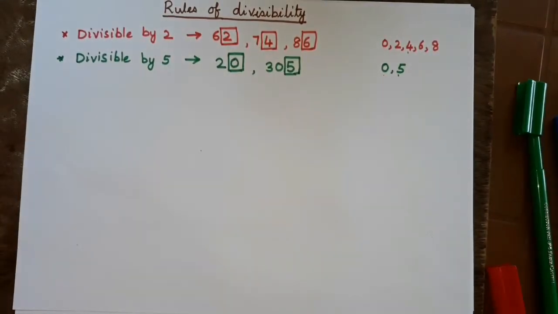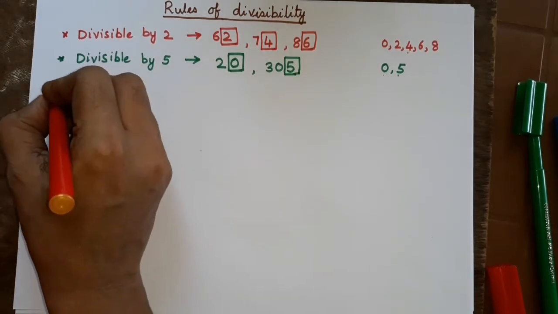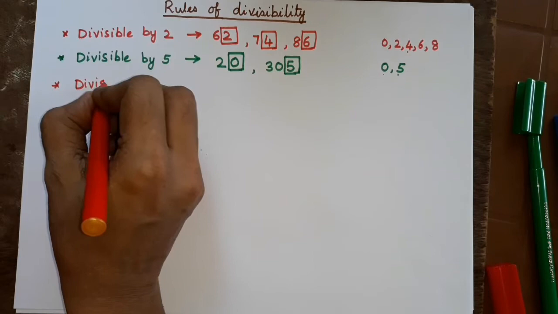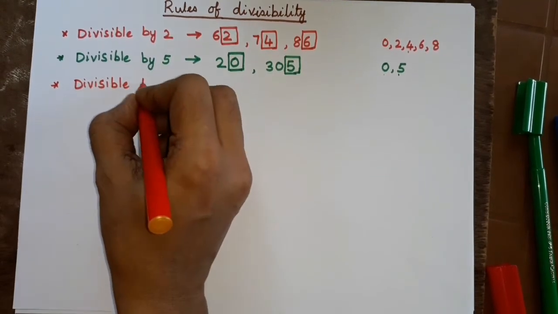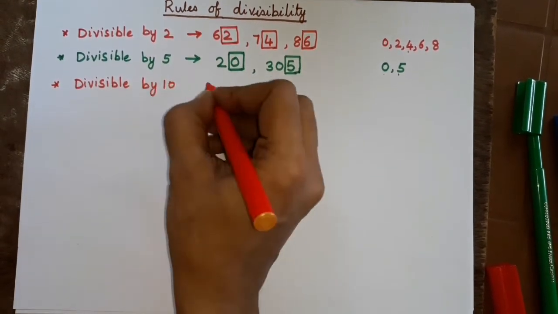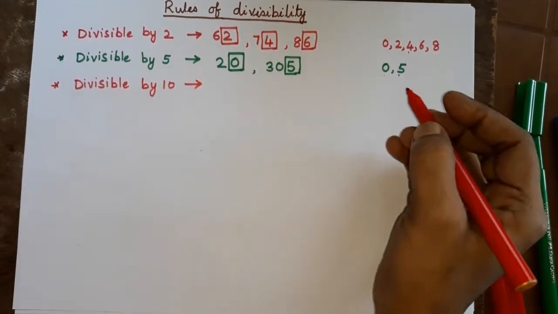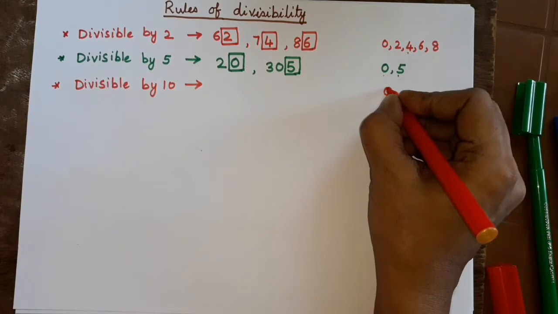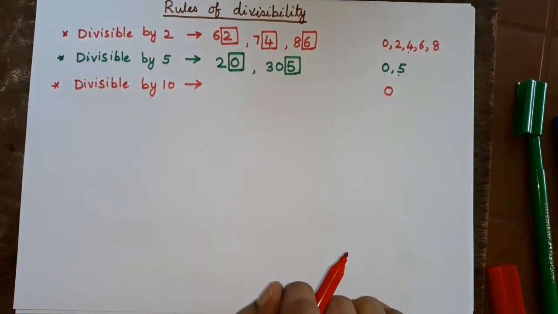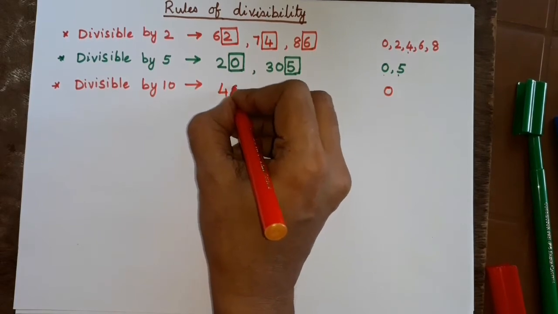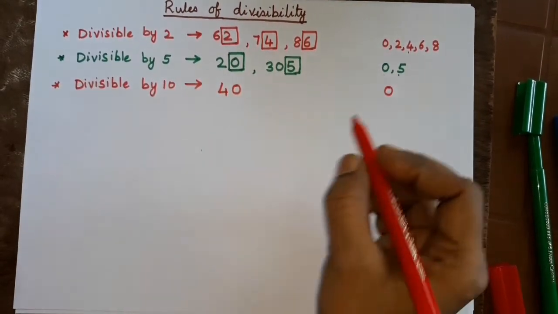Now let's take the divisibility of 10. How will we check? If the units place is 0, then the given number will be divisible by 10. For example, we will take 40. What do we have to check?